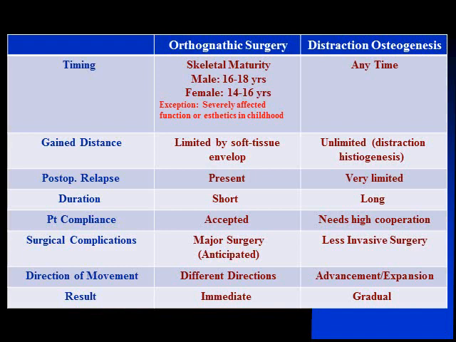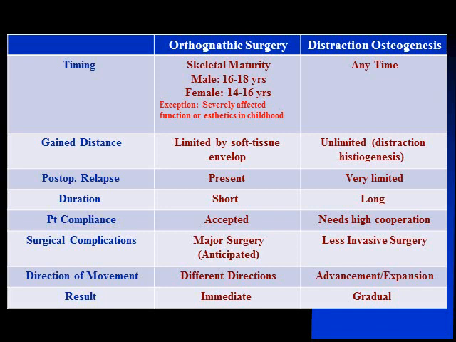And here we can compare between both the regular orthognathic surgery and distraction osteogenesis regarding some factors. If we compare the timing, orthognathic surgery should be performed after skeletal maturity to avoid relapse, with exception in severely affected function or aesthetics in childhood.